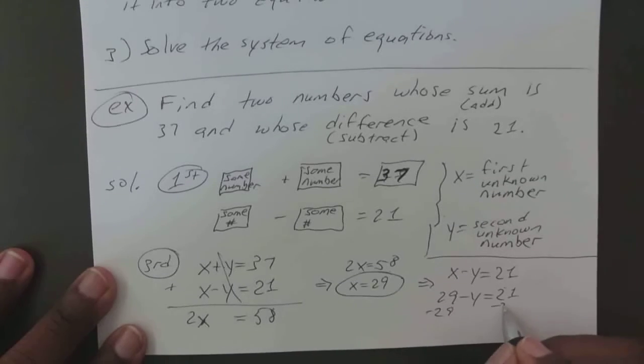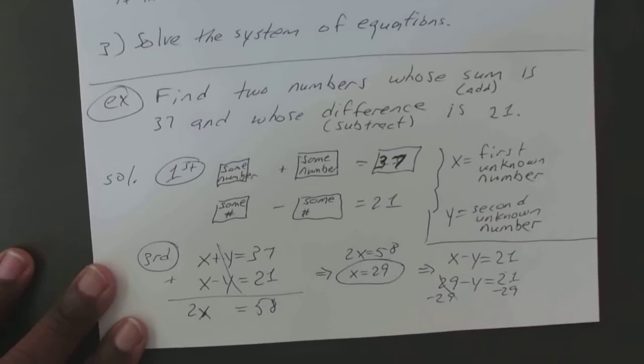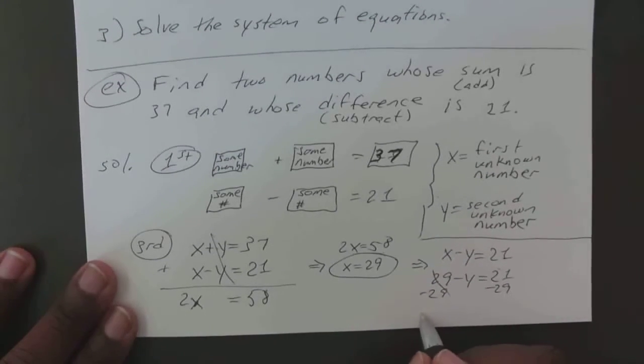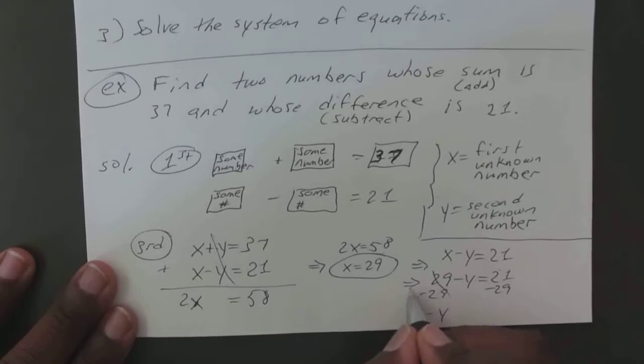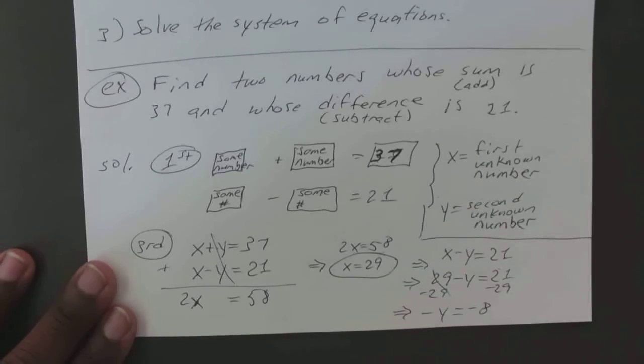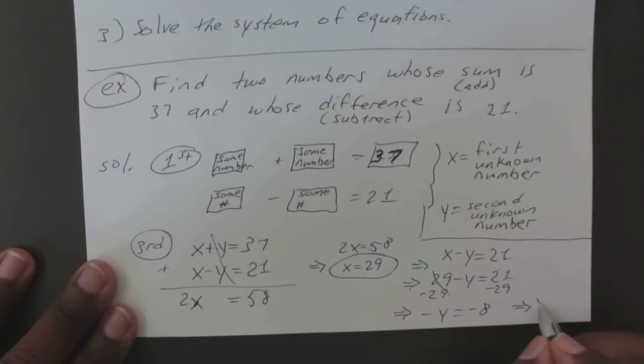Subtract 29 from both sides. So we have negative y is equal to negative 8, or y equals 8.